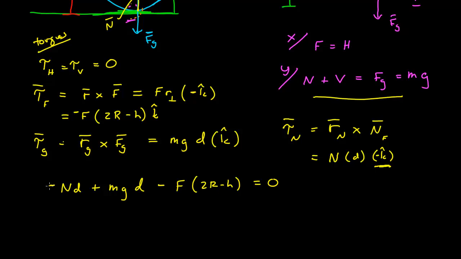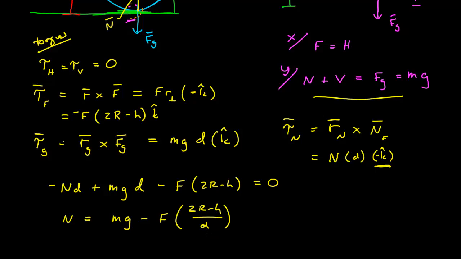And so now the normal force is equal to, if I bring this to the other side and divide by d, mg minus f times 2r minus h over d.